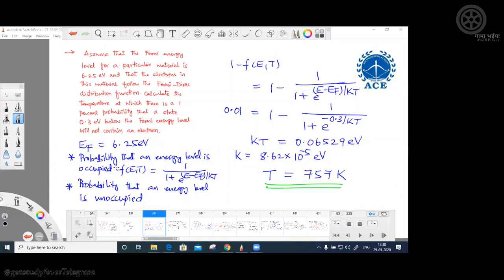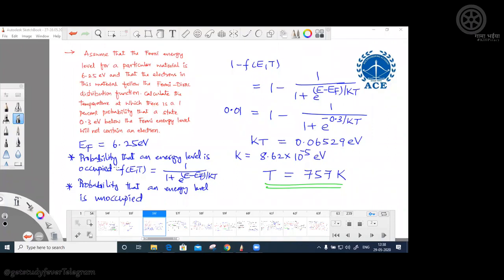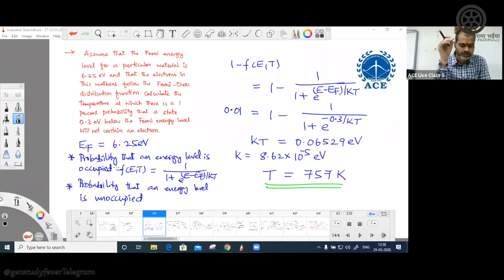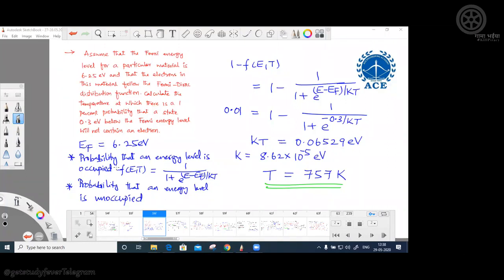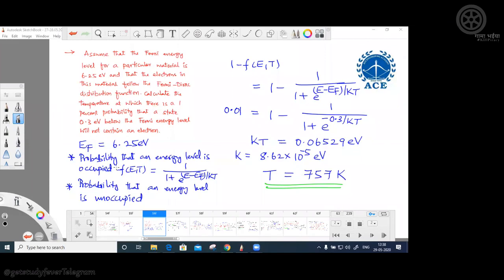Yes. So then the conduction will be due to the holes, is it right, sir? Come again. If you are increasing the temperature, the Fermi level will come downwards, near to the valence band. Yes. So the conduction will be due to the holes, no sir?